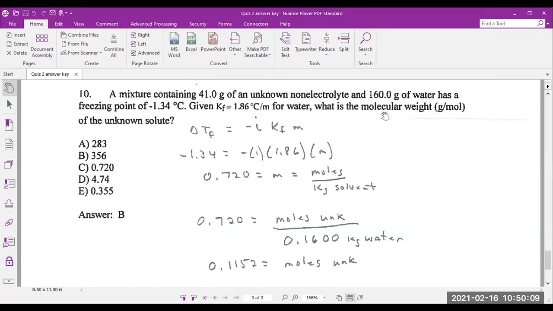And like I said, in this case, you're asked to find a molecular weight, and you're not going to have a molecular weight that's below 1. So that's one way to kind of think about if the path you're on and getting the answer is correct or not, is think of that kind of stuff as well. Okay, any questions about the quiz?